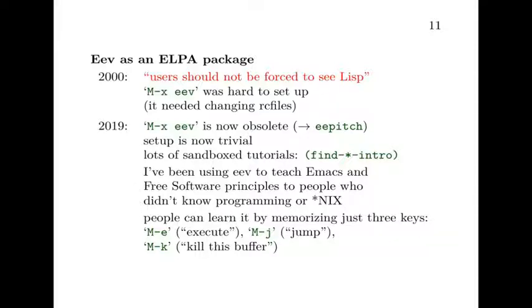They're just kind of fascinated by the idea of programming, but they know very little. And now people can learn EEV by memorizing just 3 keys, or just 2, because the third one is secondary. Meta E is for execute and meta J is for jump. Meta K runs a kind of kill this buffer and sometimes can be used to go back from a hyperlink.